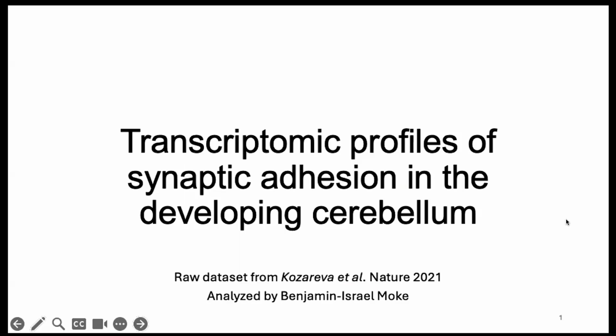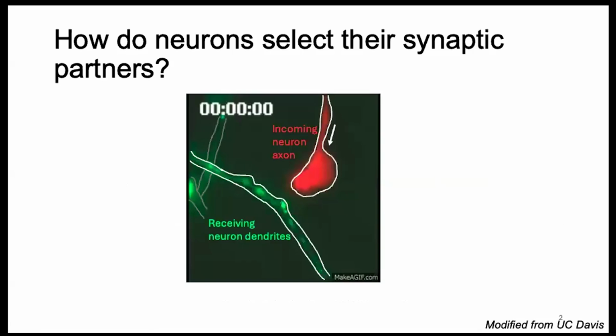Yeah, so the question is basically, imagine you have a field populated by many neurons, and a neuron enters this field. How does the neuron know which receiving neurons to synapse onto? And so the hypothesis in the field is that cell adhesion molecules mediate the specificity of this interaction, where one receiving neuron, called a dendrite, might express this cell adhesion molecule, another one might express a different one, and another a different one.